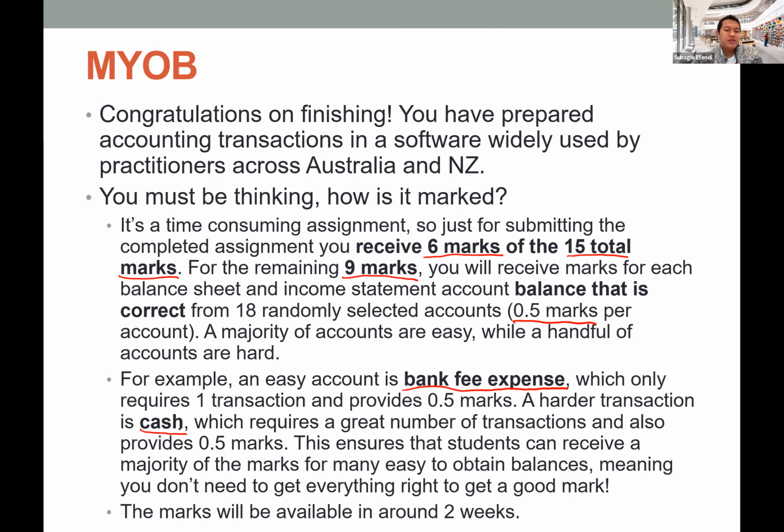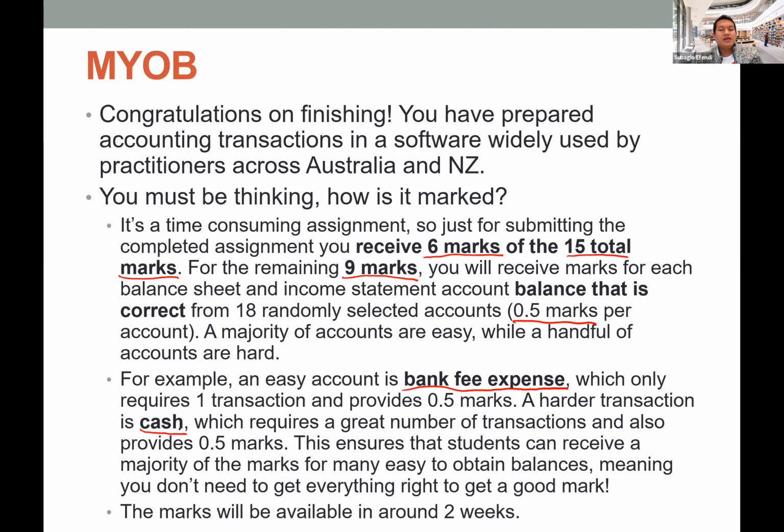I know it's a bit difficult to get the correct balance of cash because there are more than 10 transactions involved. But mostly the accounts I will check are easy. So I think in general, most students get half of the 9 marks, so in total you get more than 10.